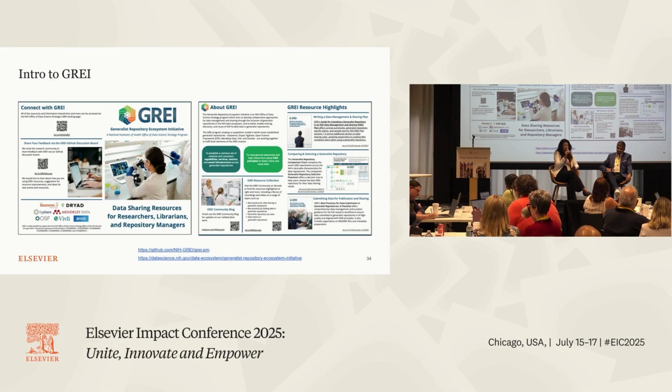One other thing I would like to mention about one of our accomplishments last year, you'll notice a couple of links down here at the bottom. The top link is a GitHub for GREI. So if you want to take down that link, please come and visit. We are constantly looking for feedback from the community. We make our roadmap completely transparent, open, and available, so you know what we're planning to work on.